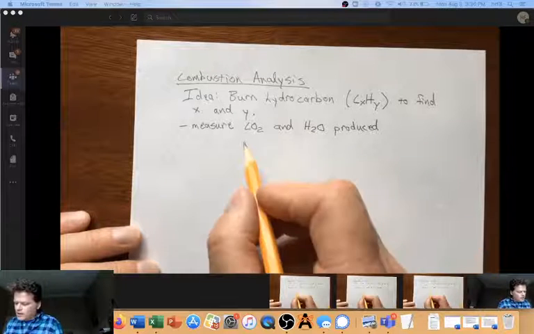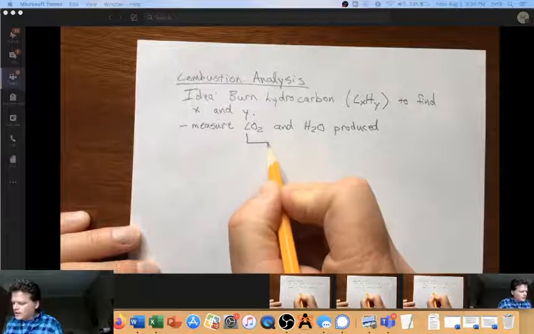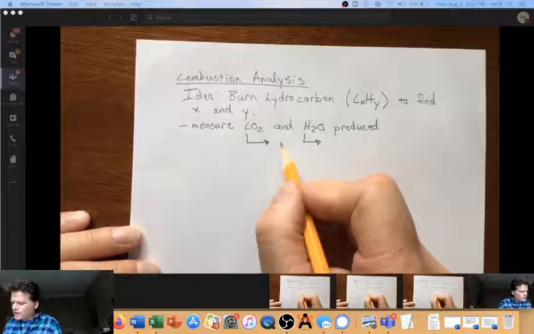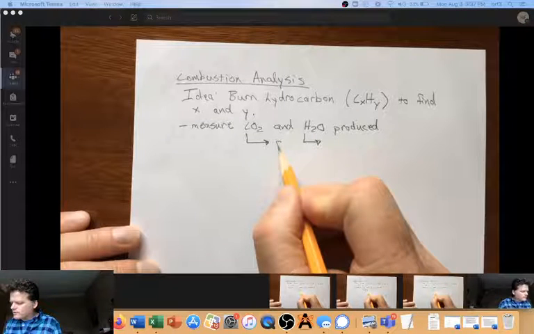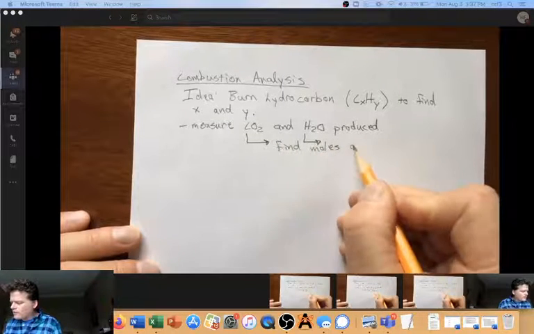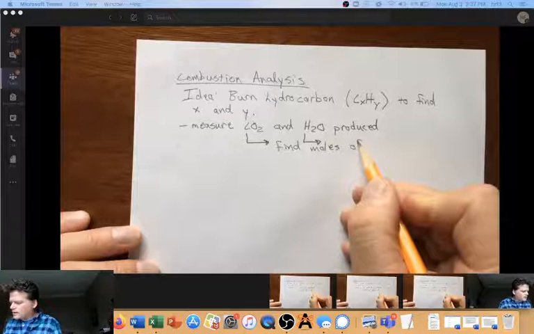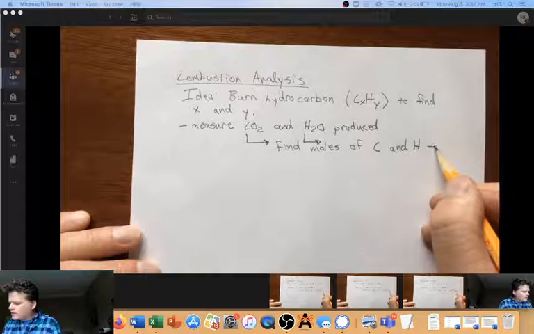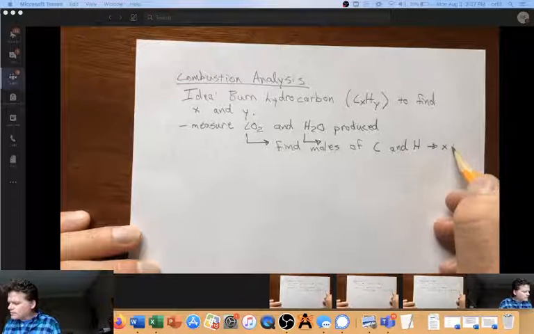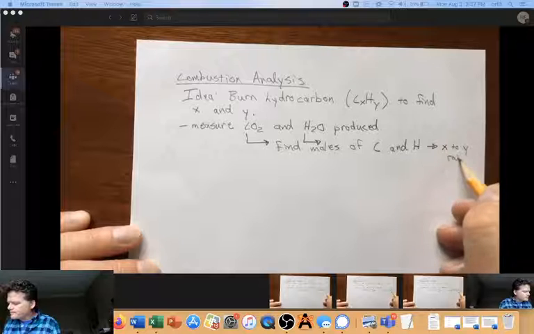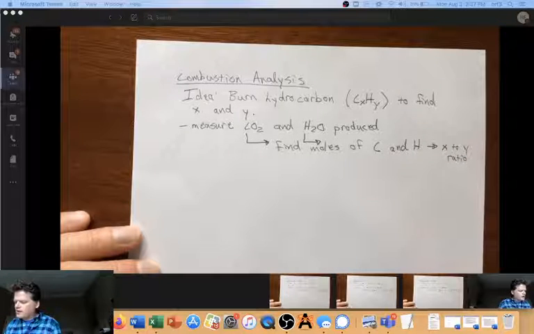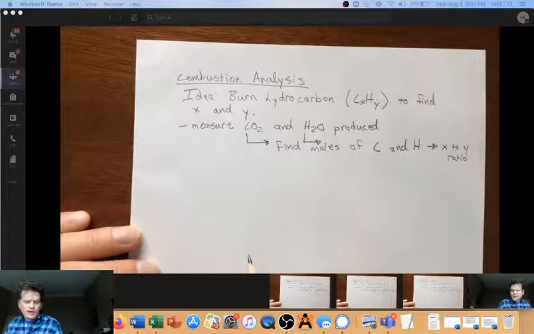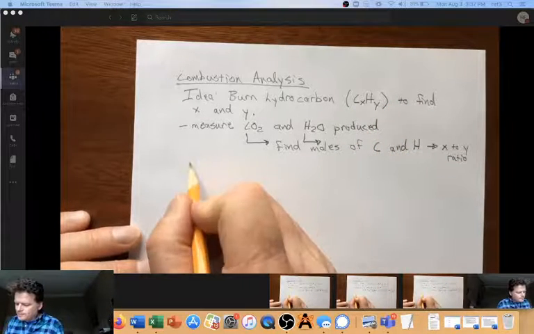The carbon in the carbon dioxide and the hydrogen in the water will give you enough information to find the moles of carbon and hydrogen in the original compound, and then that will give you the X to Y ratio. And once we have that X to Y ratio, that's exactly what we need for our empirical formula. So let's look at an example.